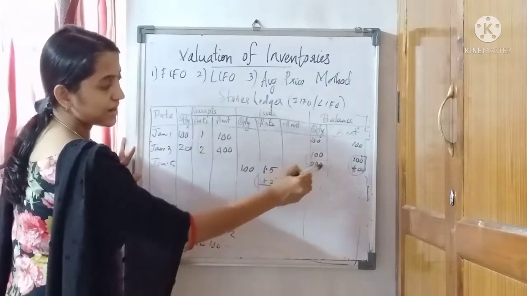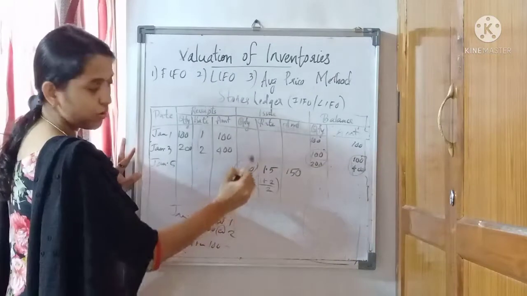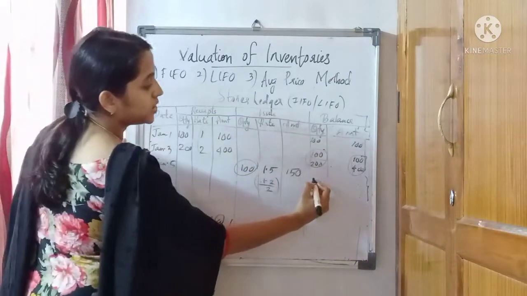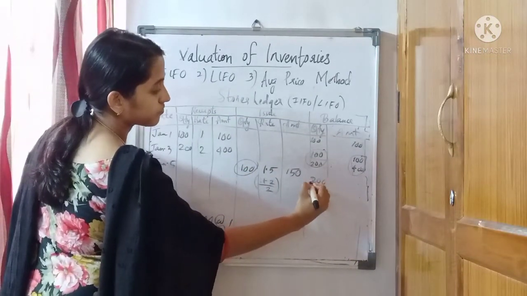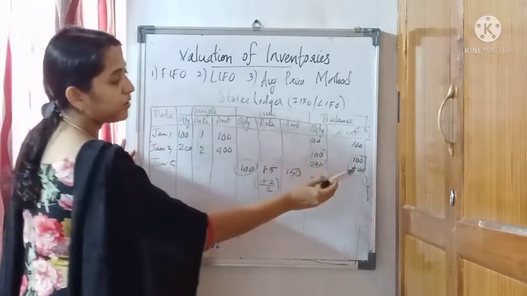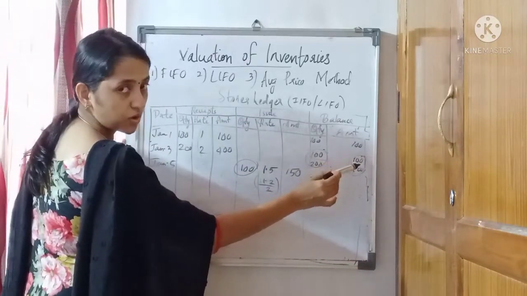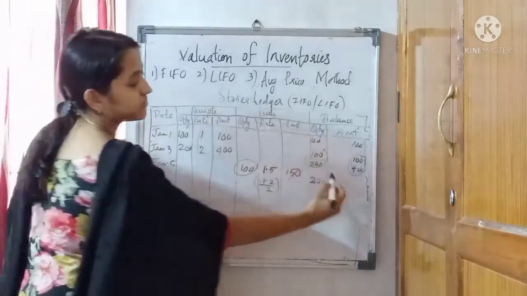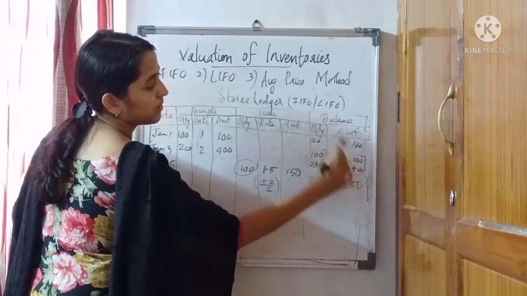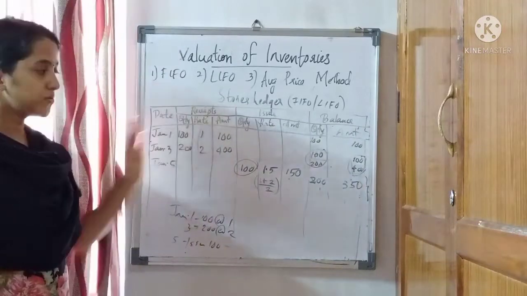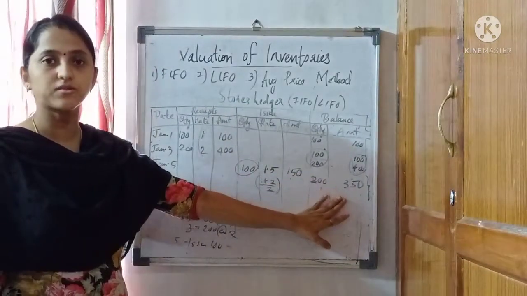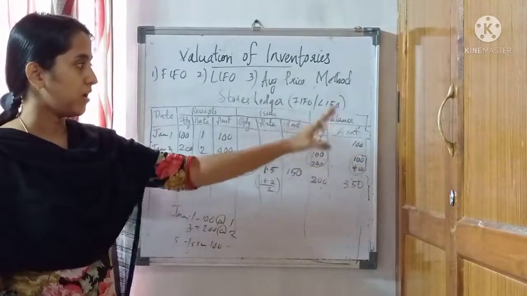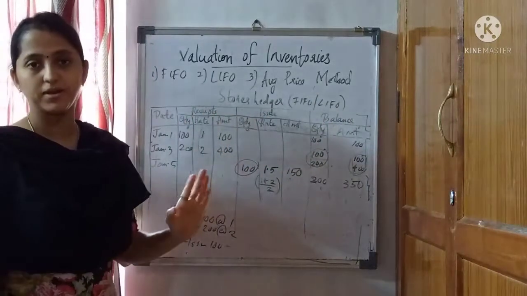From this total of 300, 100 is gone, so the balance left is 200. And the amount was a total of 500 and among it 150 is gone, so 350 will be the balance amount. So this is just the difference of average price. All the rest is the same format.